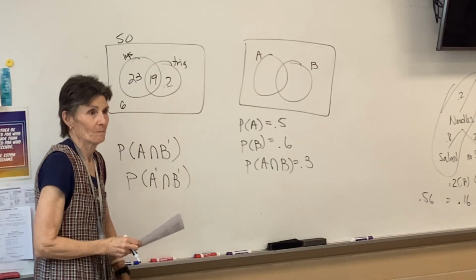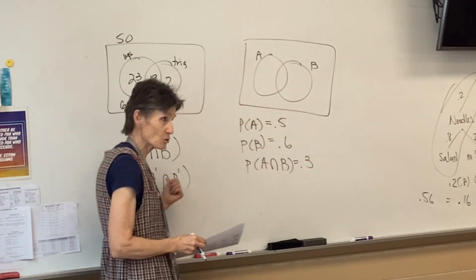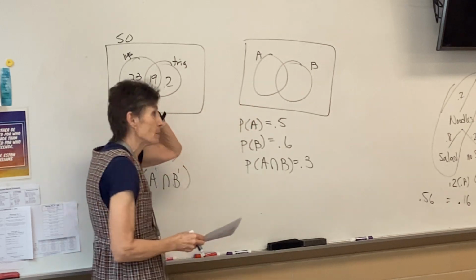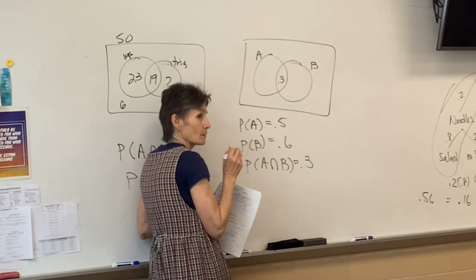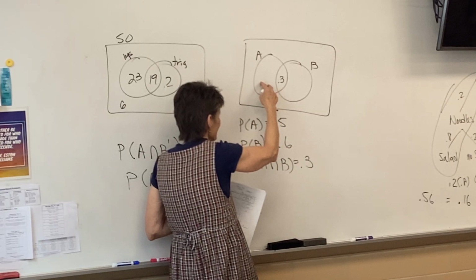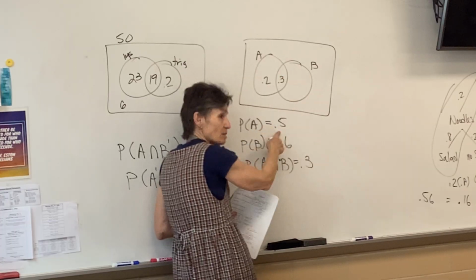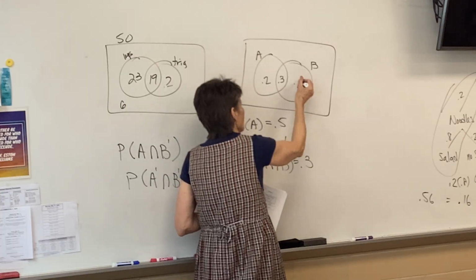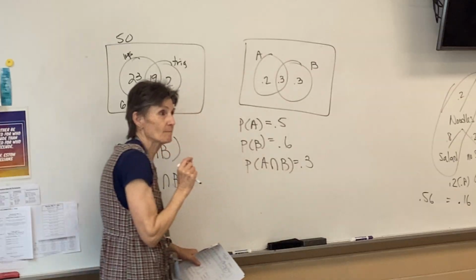What can we fill in? We can answer these questions easily once we fill in our diagram. So in the middle is 0.3. That means this is 0.2 because A is 0.5. And this is 0.3 because B is 0.6.